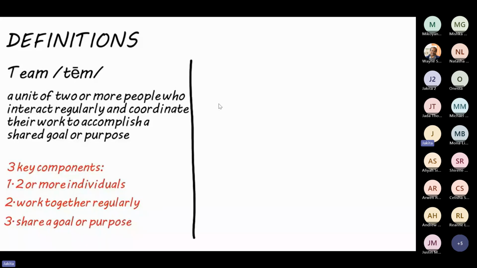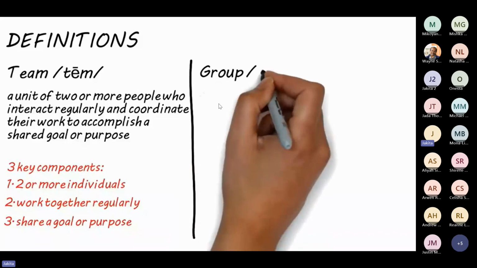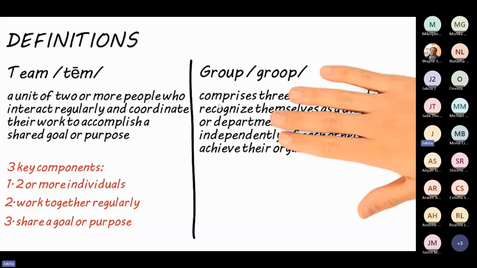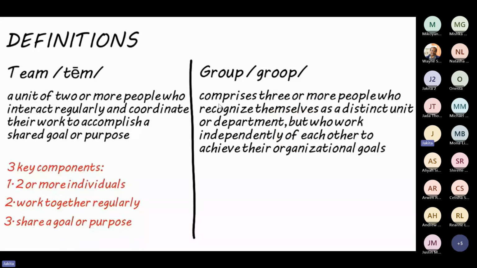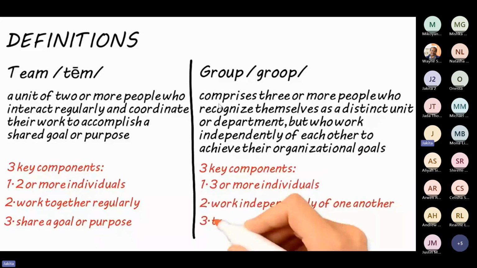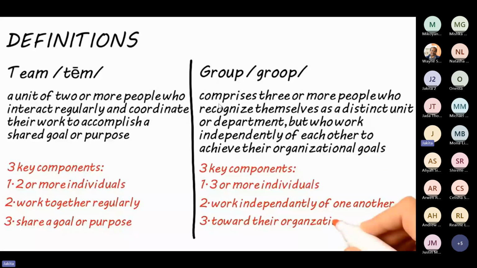A group is comprised of three or more people who recognize themselves as a distinct unit or department, but who work independently of each other to achieve their organizational goals. Let's note that groups are made up of three or more individuals that work independently of one another toward their organization's goals. Let's delve a little deeper and contrast the characteristics of teams and groups.